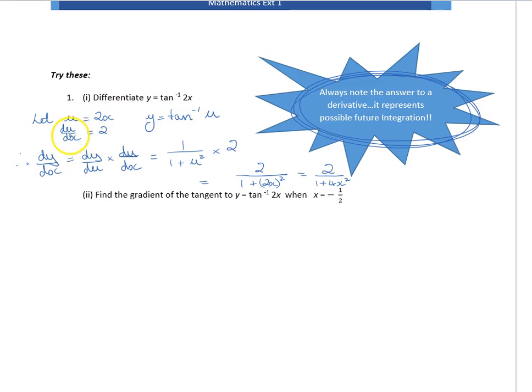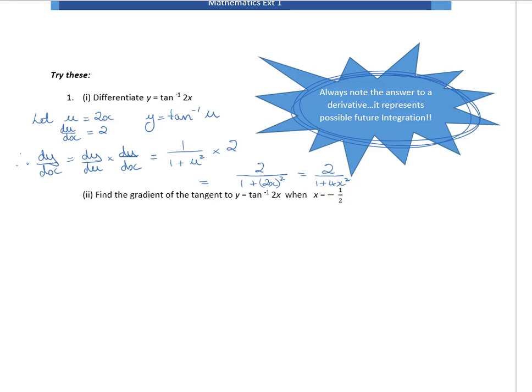Let u be 2x, du dx is 2, and y becomes tan inverse of u. Tan inverse of u is very easy to differentiate. So dy du is 1 over 1 plus u squared, and multiplying by du dx, which is 2, and subbing 2x back in for u, you get 2 over 1 plus 4x squared.